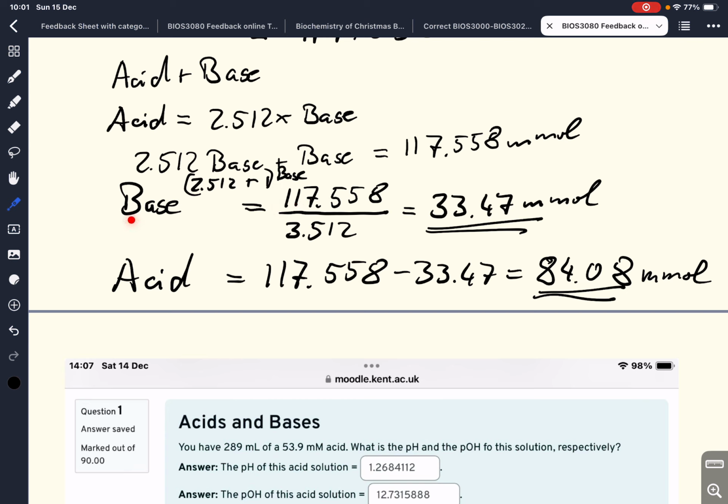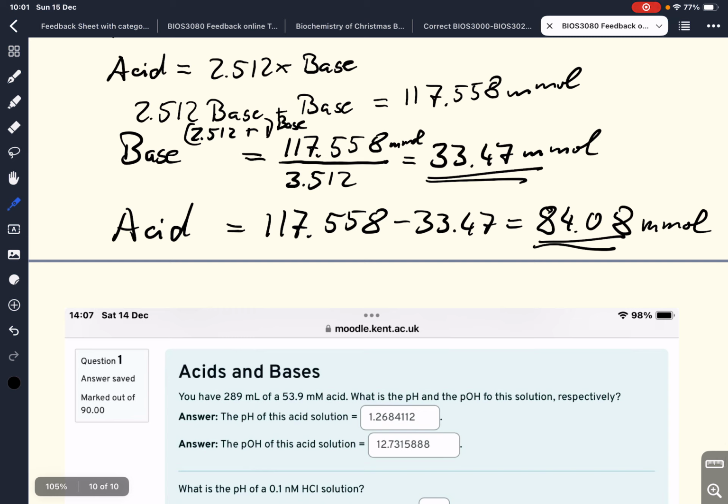In order to solve for base, we have 117.558, and I probably should put the unit here, millimole, and we divide by 3.512, that is this 2.512 plus 1, and we get for the base 33.47 millimole of the base.